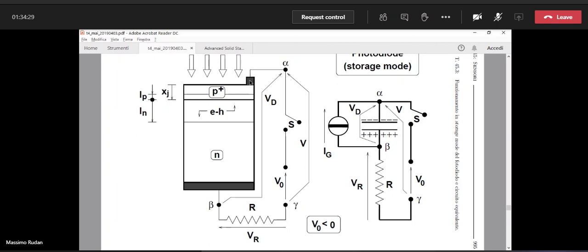So the pairs are separated. You see the symbol EH with the two arrows. That symbol means that the electron-hole pair, as soon as it is generated by a photon, the hole goes up and the electron goes down. So these two carriers do not recombine, but they contribute to the current.